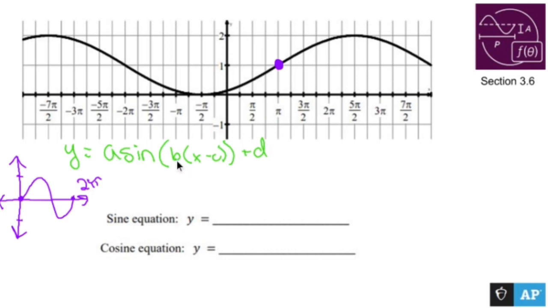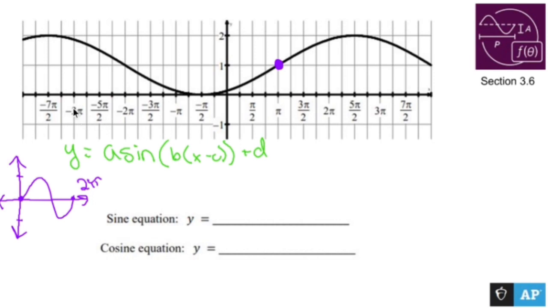B is the frequency. I'm going to have to do a little bit of math. C is a phase shift, which means horizontal, left and right. Keep in mind, whenever you're dealing with stuff inside the parentheses with the x, everything is backwards. And d is a vertical shift, just like it always seems to be whenever we add stuff outside the parentheses.